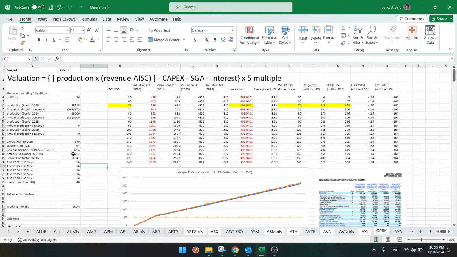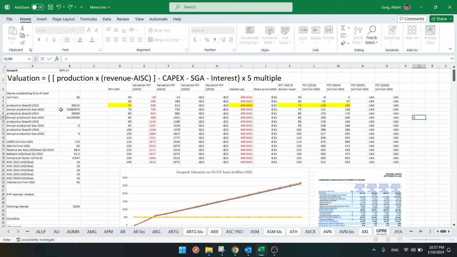So that gives a very nice net back. Maybe we should check the revenue as well.